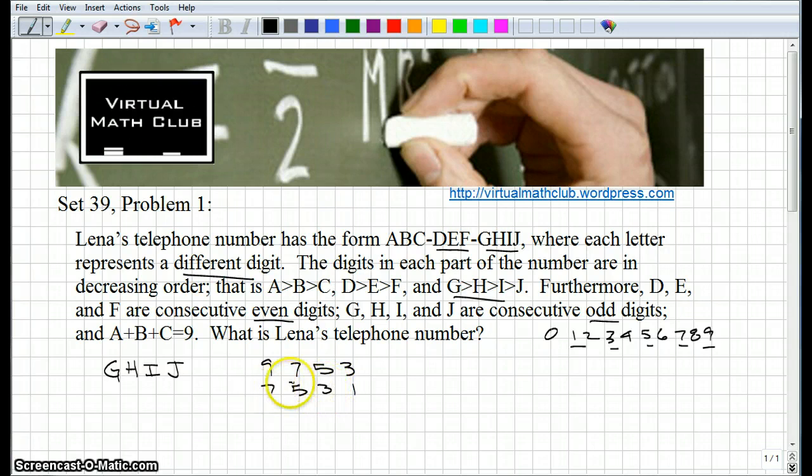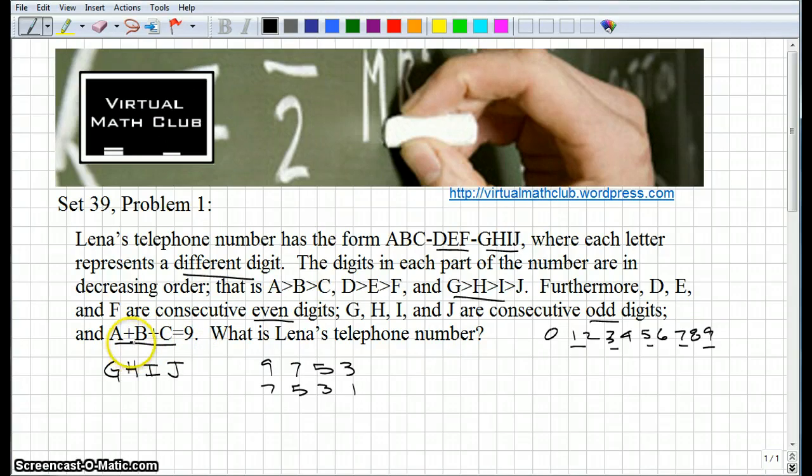So the one thing, though, is that we know that A plus B plus C has to be 9. And each one of these digits is different, so there's not 2 of any one digit. So in order for these to be all different digits and add up to 9, none of these numbers can be 9.